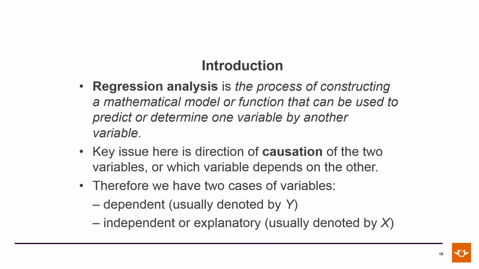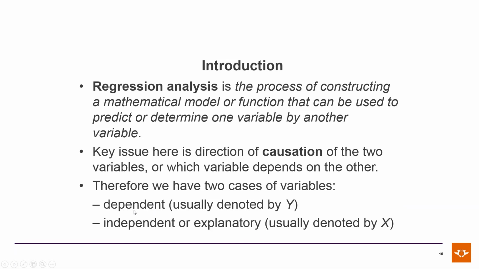So our dependent variable will be our Sasol share price, and that will depend on oil, which is our independent variable. Our dependent variable is typically denoted as y, and our independent variable or variables as x.